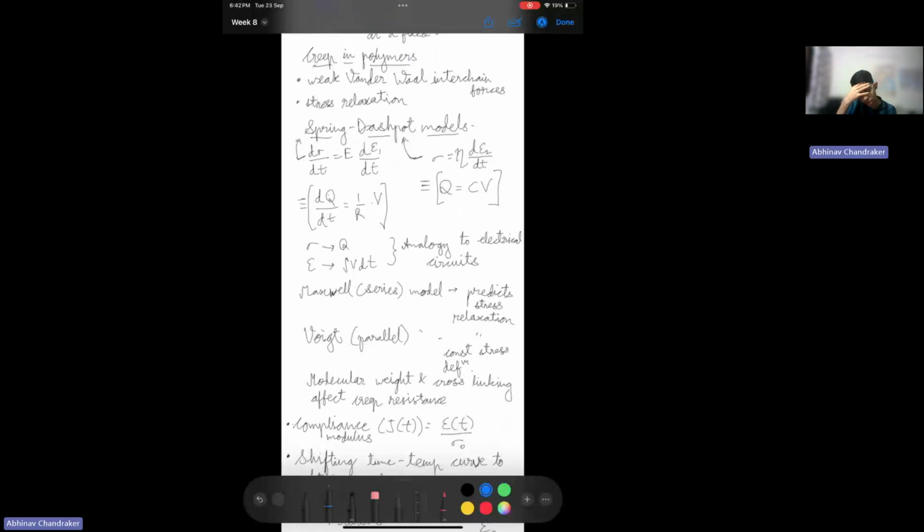We have seen earlier also that polymers have weak van der Waals interchain forces, and these are the bonds which later on will affect the deformation of the material.